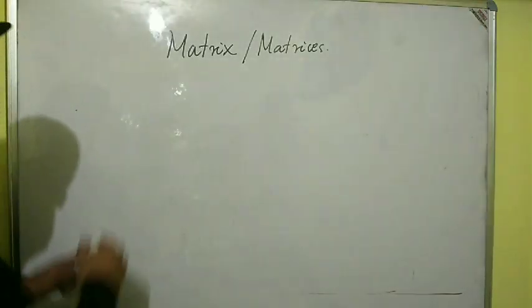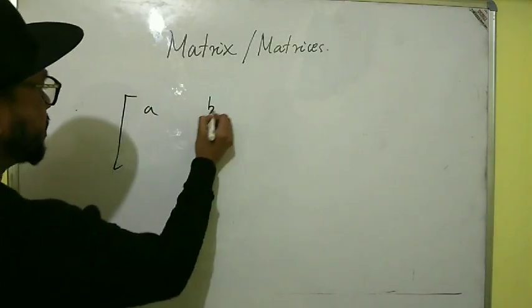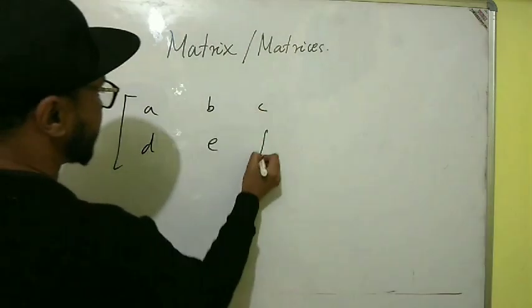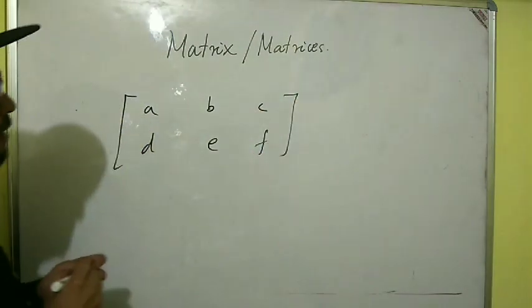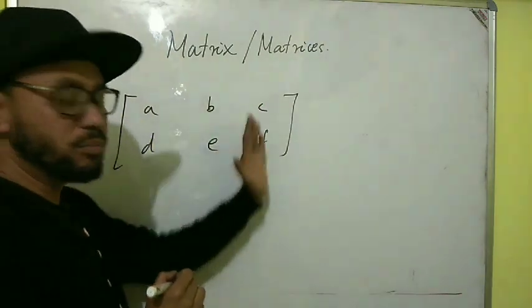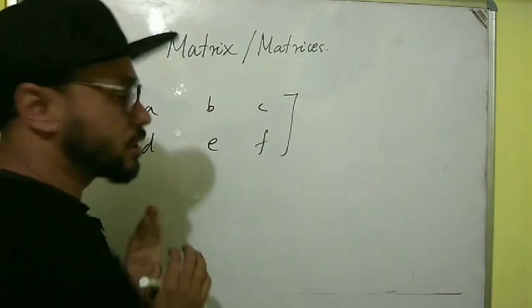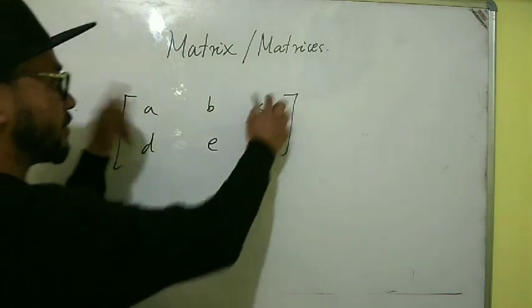Now if you have A, B, C, D, E, F, here I've arranged some numbers in a kind of box, not exactly a box, kind of.